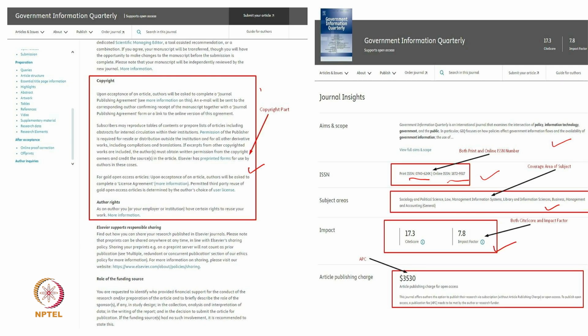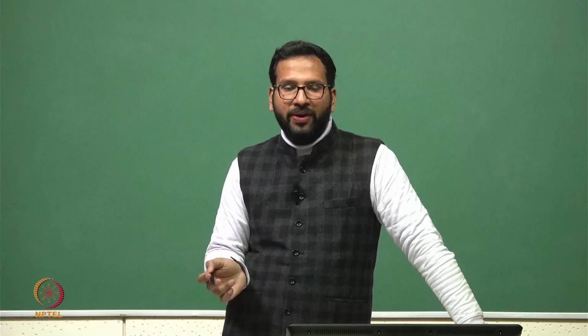And the next is the journal metrics. This journal has two metrics. One is CiteScore, which is by Scopus, and for this particular journal the CiteScore is 17.3. The other is the impact factor, which is by Web of Science, and the impact factor of this journal is 7.8. We will see in detail in the upcoming lecture what CiteScore and impact factor are and the difference between them.